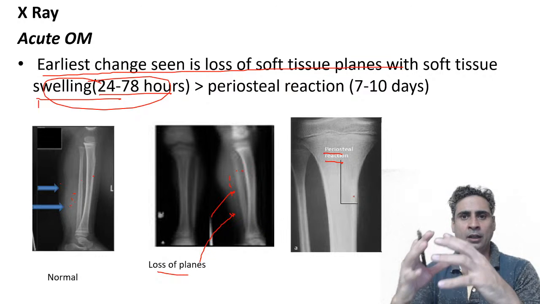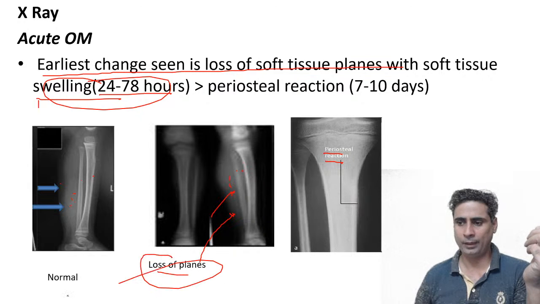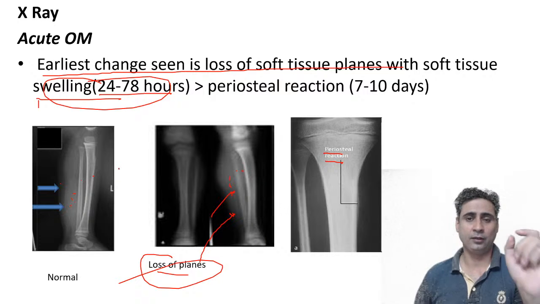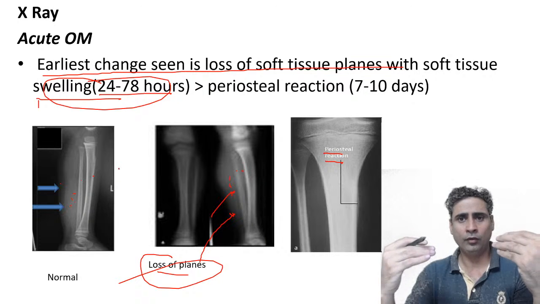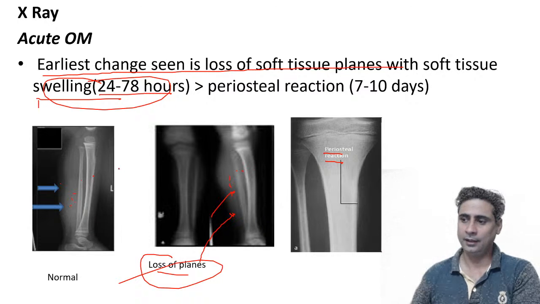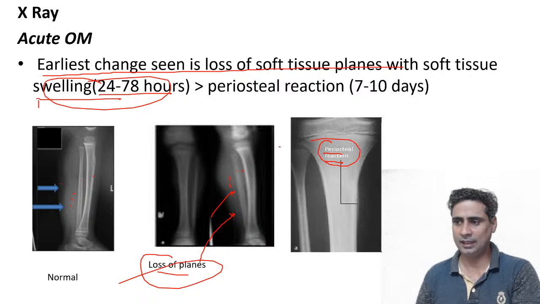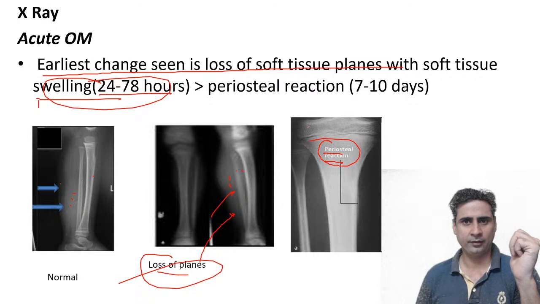Earliest X-ray finding of acute osteomyelitis: that will be loss of soft tissue planes, but it is not specific. The second MCQ can be earliest X-ray finding which signifies osteomyelitis: that will be periosteal reaction. So these are the two important findings on X-ray in acute osteomyelitis.